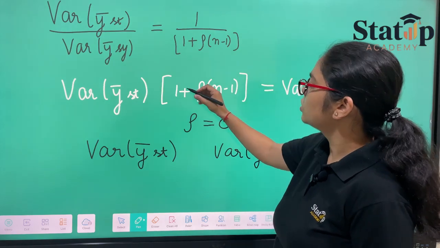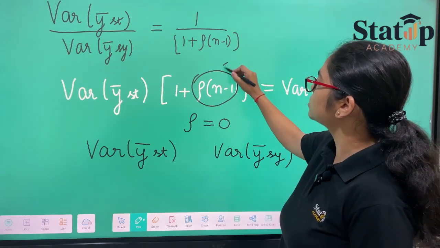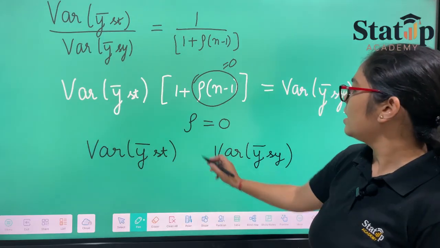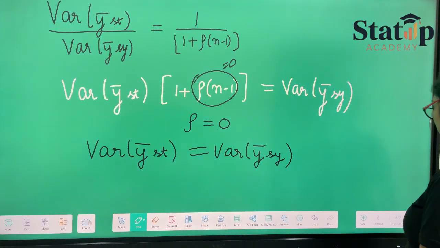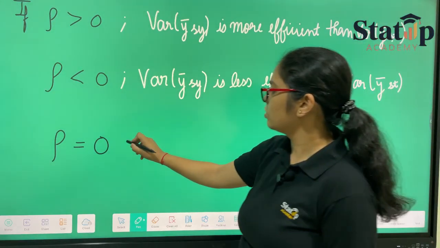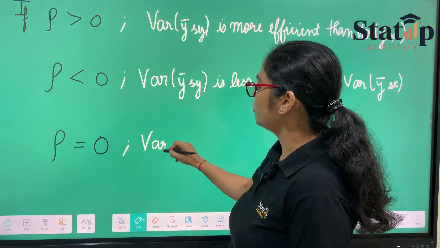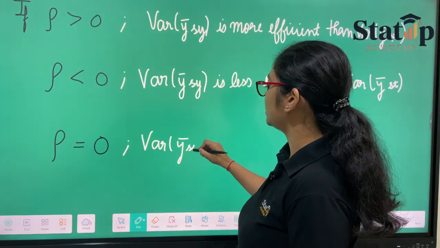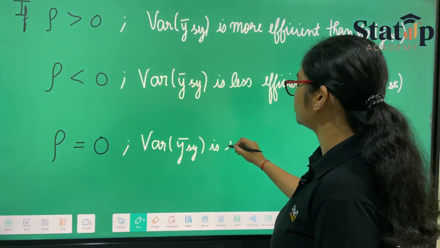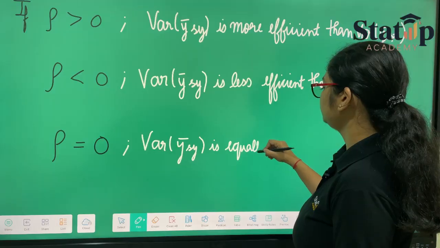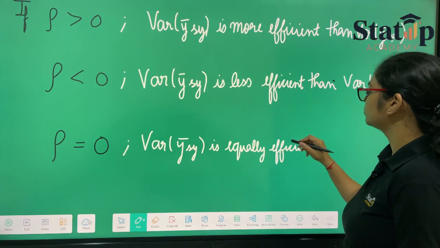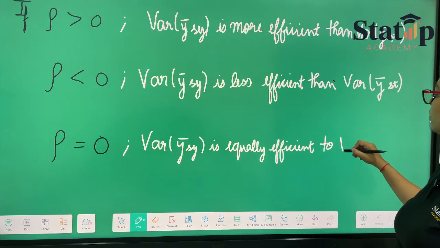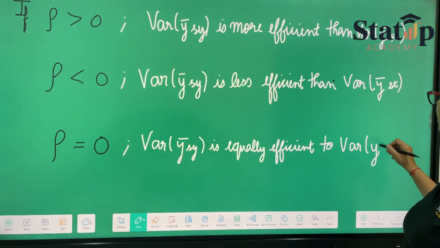Rho is equal to 0, so this whole term will become 0, and we are only left with 1, and hence 1 multiplied by variance is only variance, and the equal sign will come in between. So variance of y bar systematic is equally efficient to variance of y bar stratified.